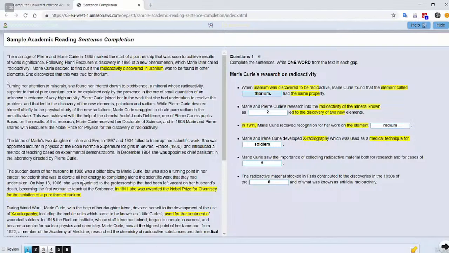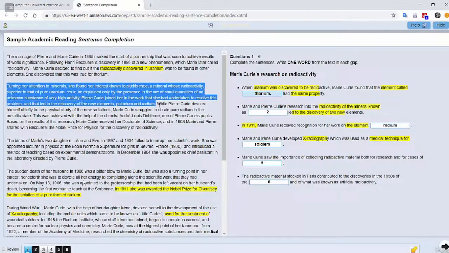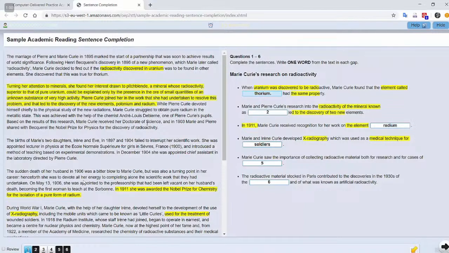That means for number 2, what they've done is they've taken these 2 sentences and paraphrased them into one sentence. And that's sometimes how questions are created.